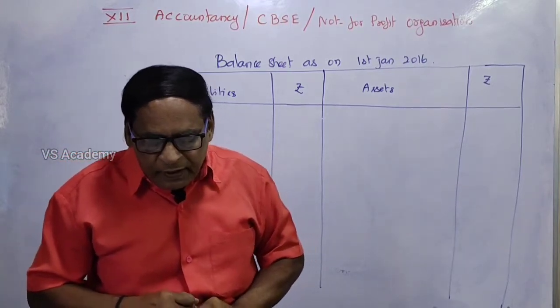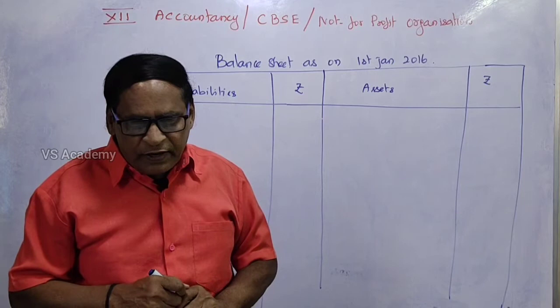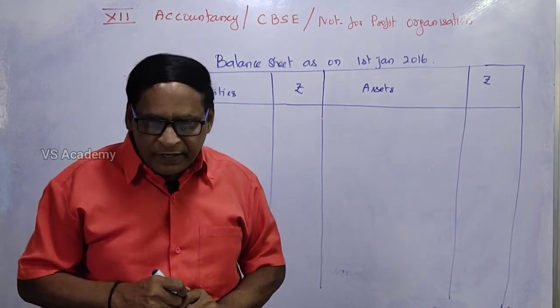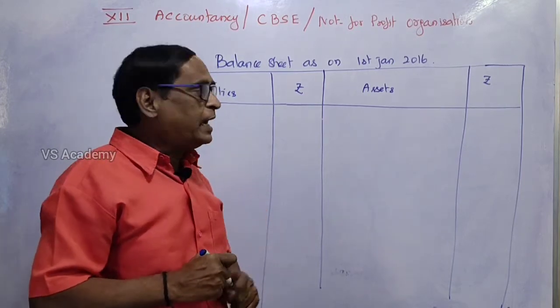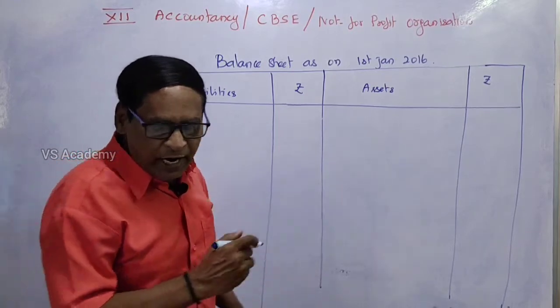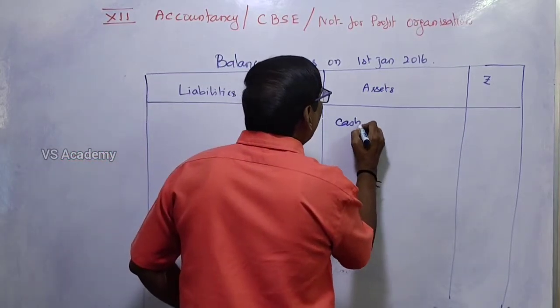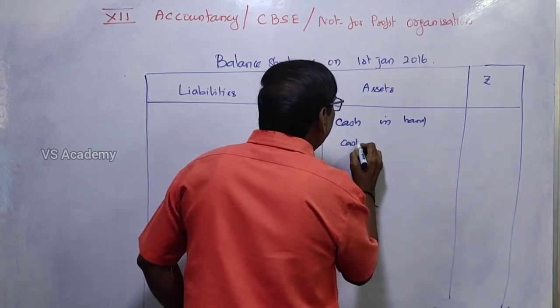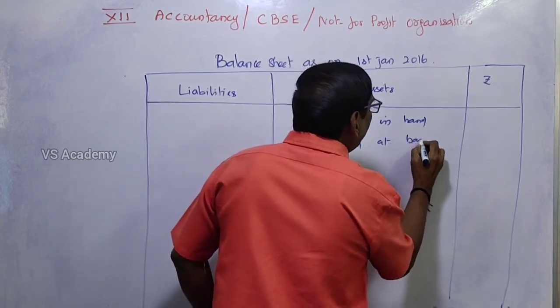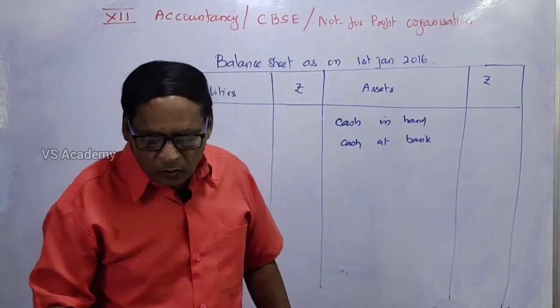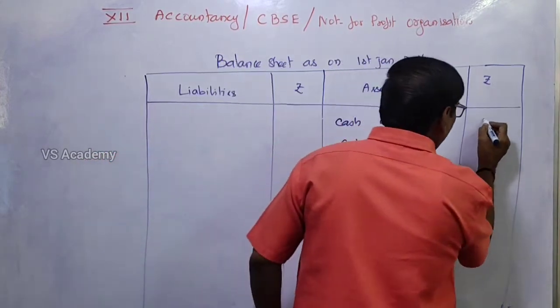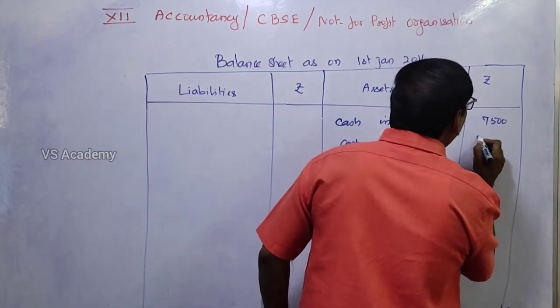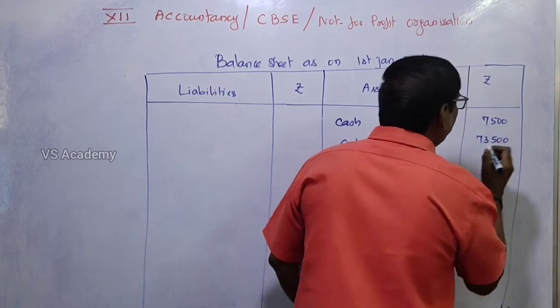So what is given? The cash in hand rupees 7,500, cash at bank rupees 73,500. So it is the cash balance during this year. So cash in hand and cash at bank, as per the receipts and payments account, 7,500 and then 73,500.